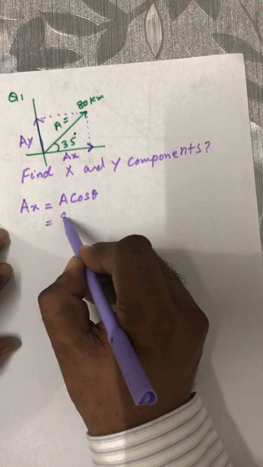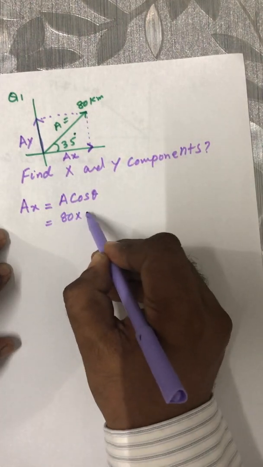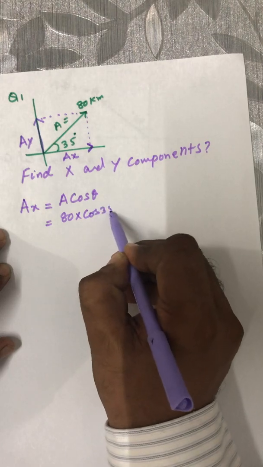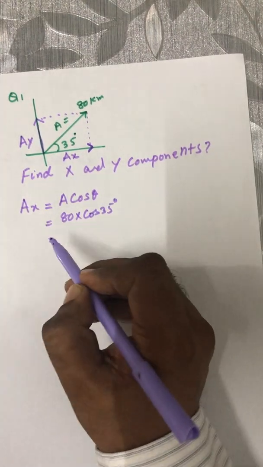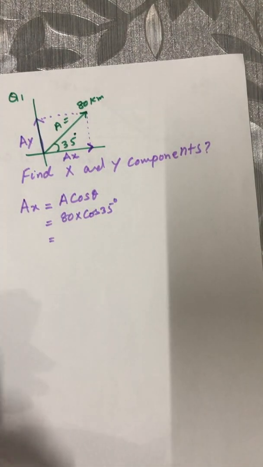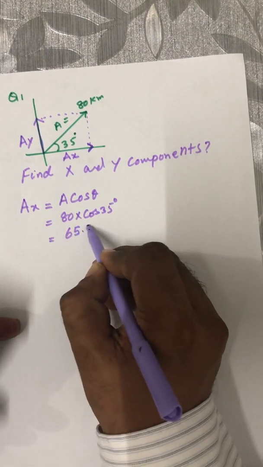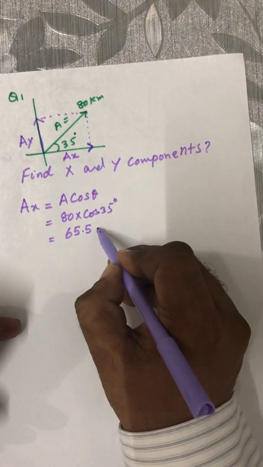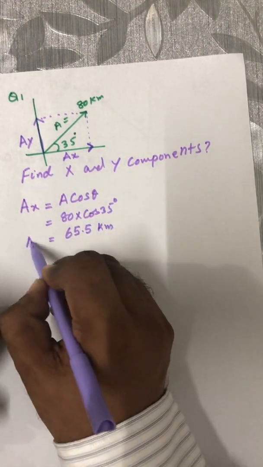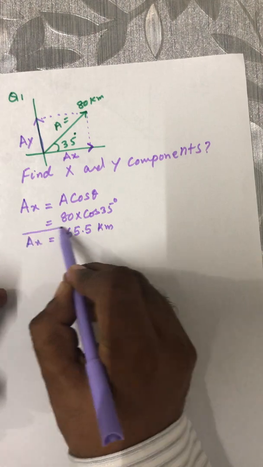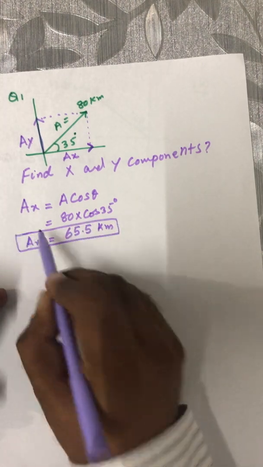That is 80. So 80 multiplied by cosine 35 degrees, and by using the calculator, 80 cosine 35, the answer is 65.5, and the unit will stay the same, kilometer. So this is the x component of vector A.